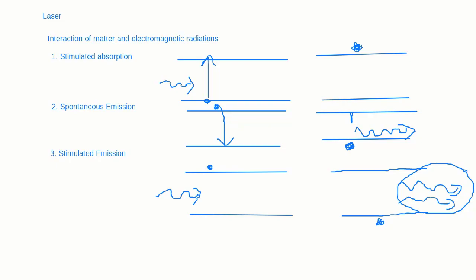Other conventional sources are incoherent because they give light in all directions, so you get very low intensity. With coherent sources, you can confine the light to a very small area and focus it, so you get very high intensity at that point.